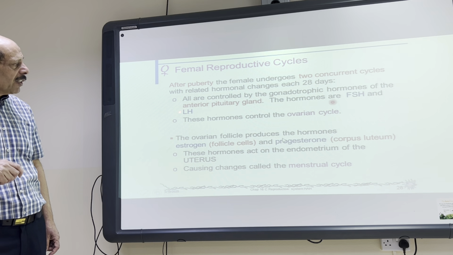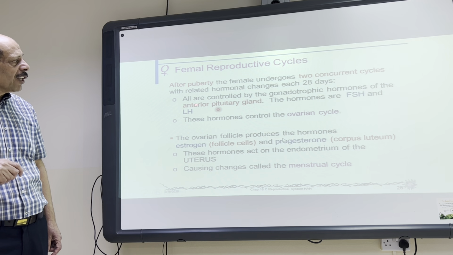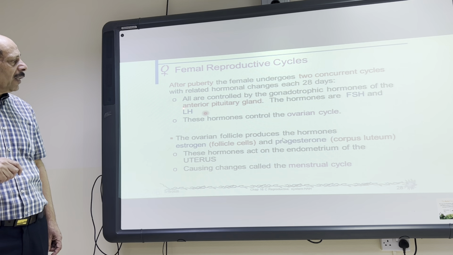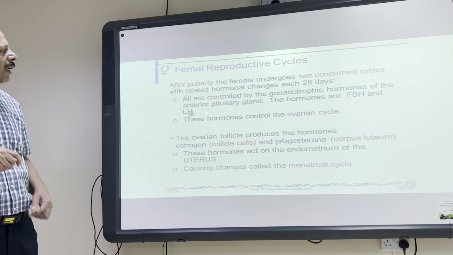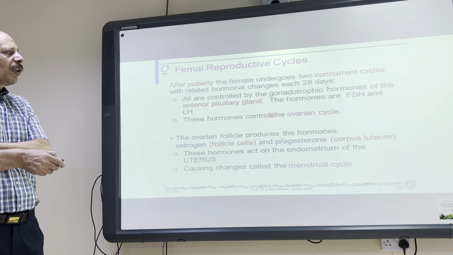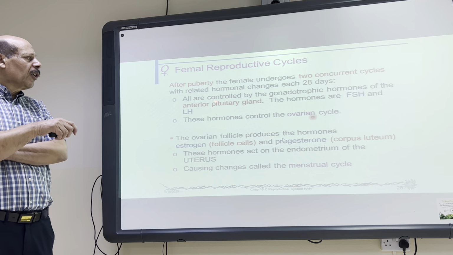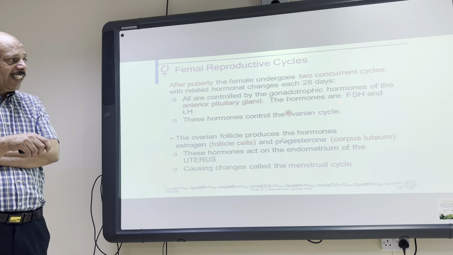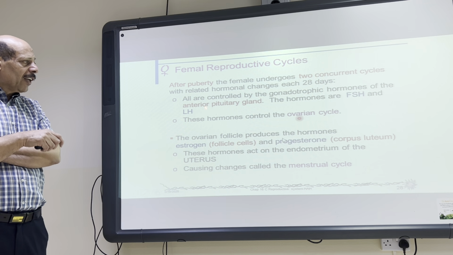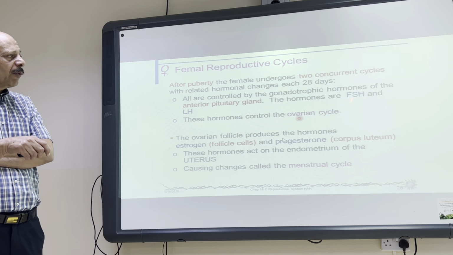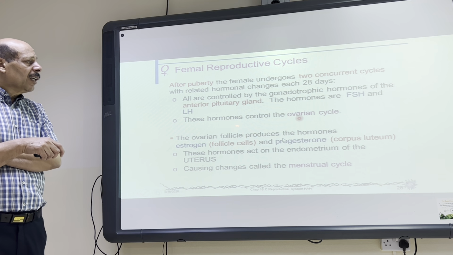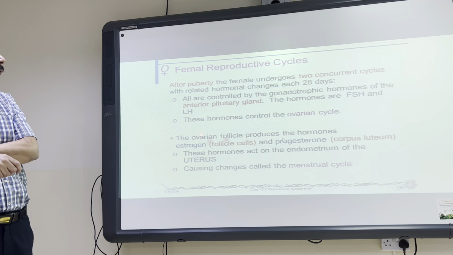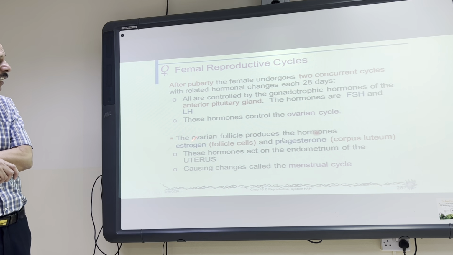These hormones from the anterior pituitary gland control the ovarian cycle. So both the luteinizing hormone and follicle stimulating hormone are controlling the ovarian cycle, or the menstrual cycle.